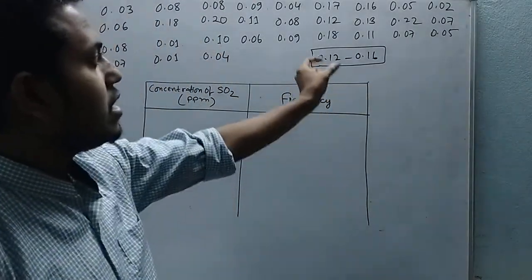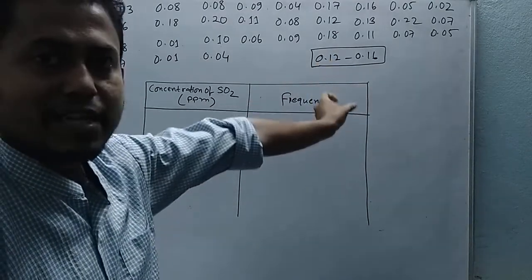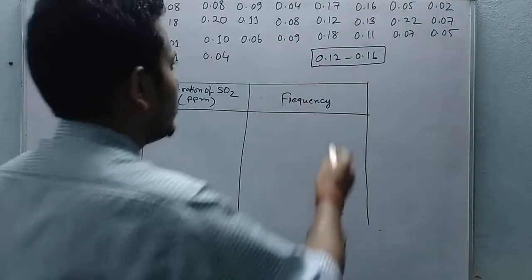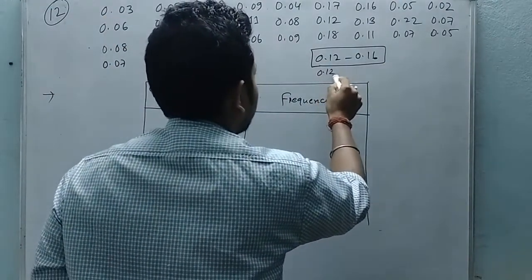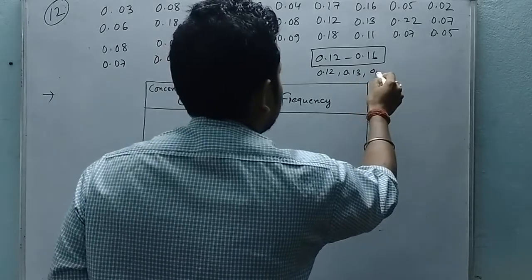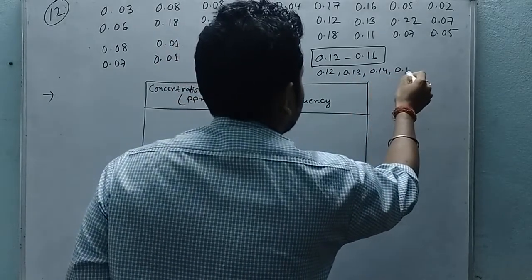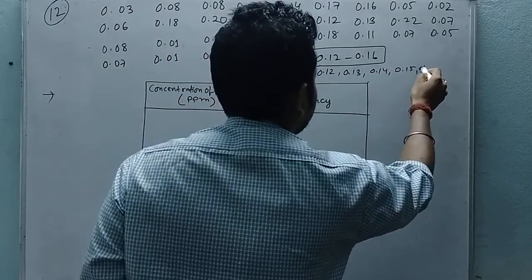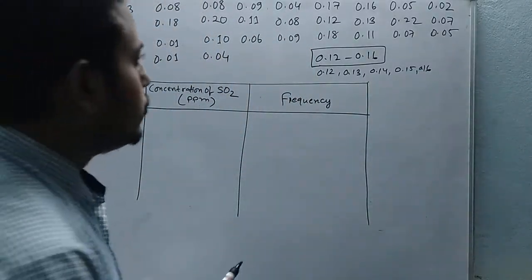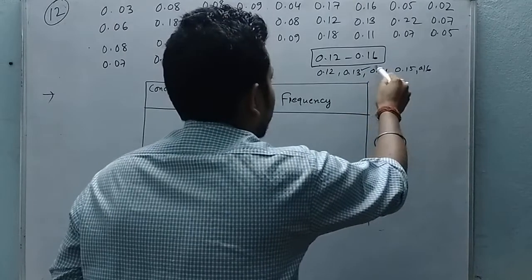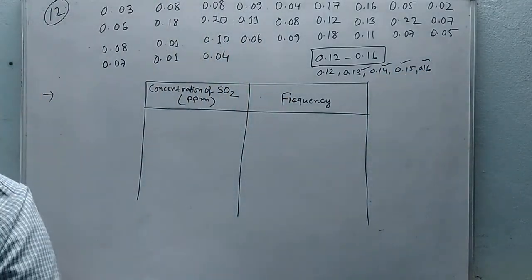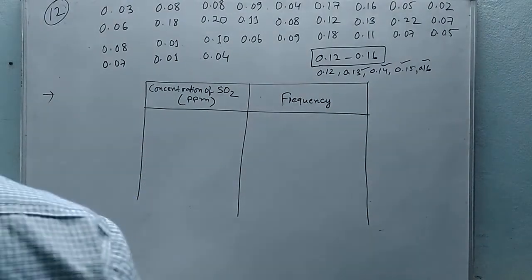What is the range of this class interval, or you can say what is the length? So 0.12, after that 0.13 will come, after that 0.14, after that 0.15, after that 0.16 will come, right? How many steps did we move? 1, 2, 3, 4, right?